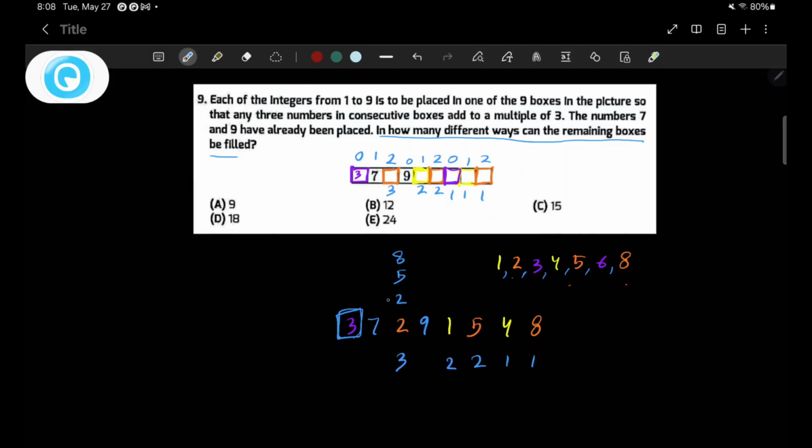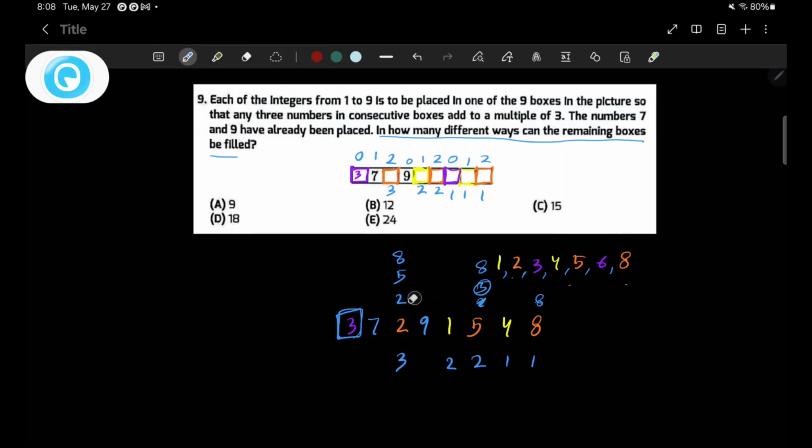Depending on whichever we put here, the number of choices left for the next one would be reduced. So I cannot repeat. If I've written 2 here, I cannot repeat 2 here. So I can only put 5 here or 8 here. And if I've put 5 here, then I cannot put 5 here, so only 8 can be put here. So that means the number of choices for each subsequent box would reduce.